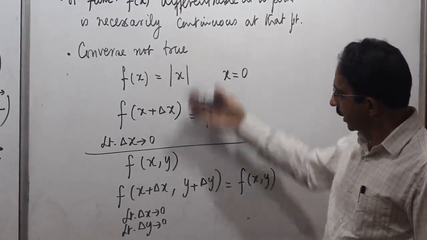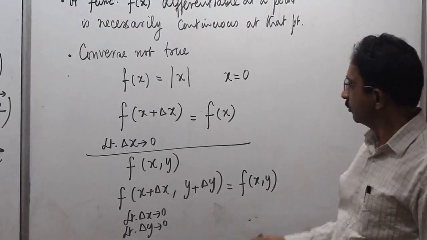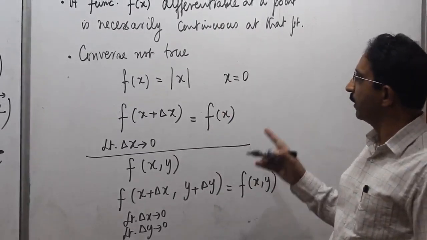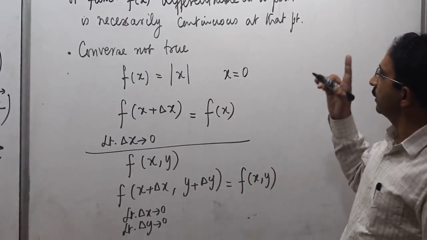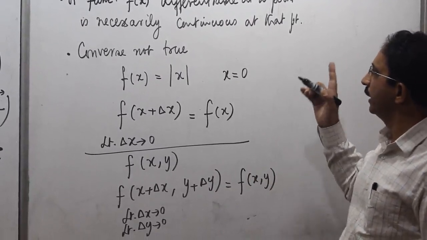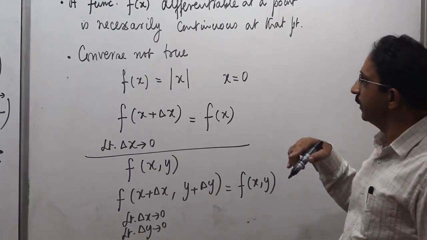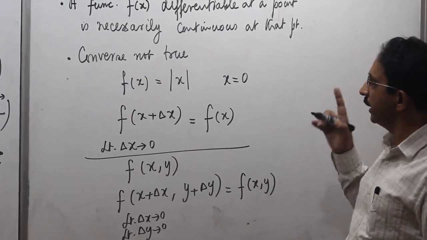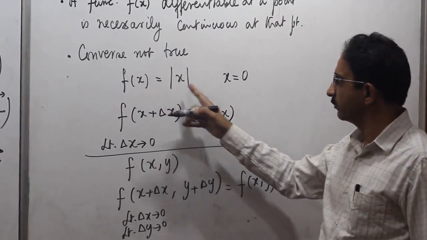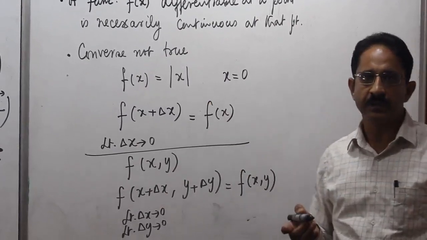So in vector algebra also we will use this property, where we think of a vector function that, if it is differentiable at a point, is necessarily continuous. The converse of it, that a function which is continuous at a given point, like f of x equal to mod x, may not be differentiable there.